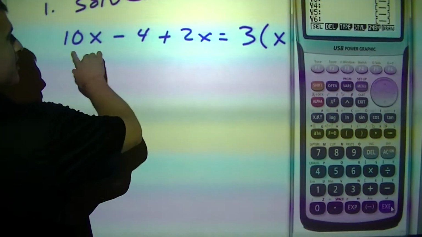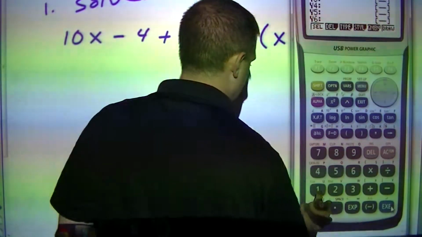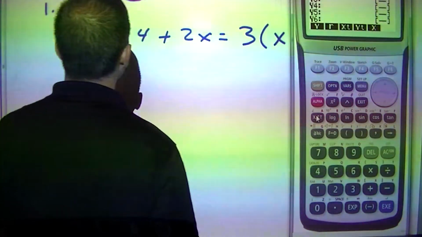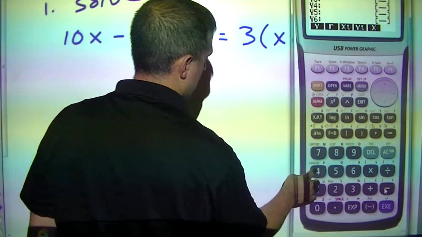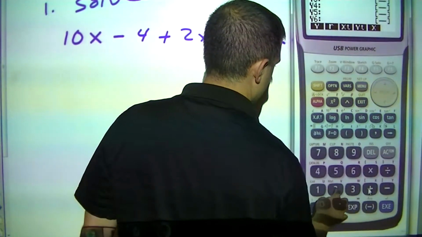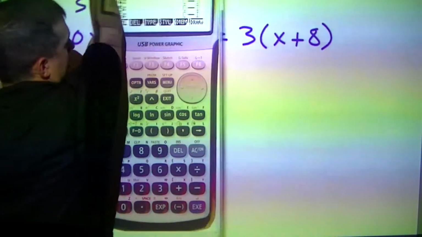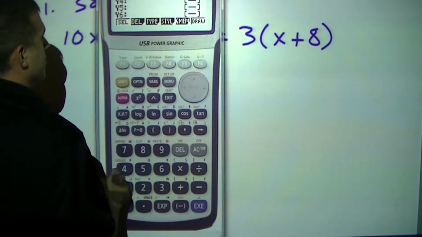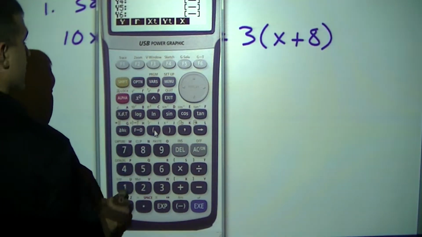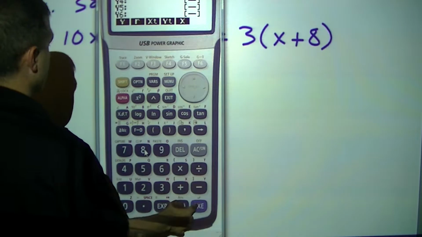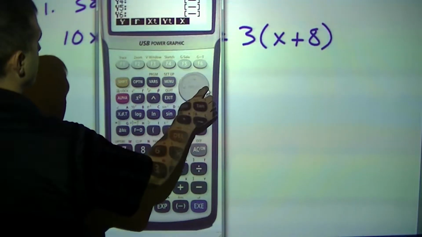You're going to type this line in on that side, so 10x minus 4 plus 2x. On the other side, you're going to type this line in: 3 times x plus 8. So 3 parentheses x plus 8. Oops, let me close that parenthesis.